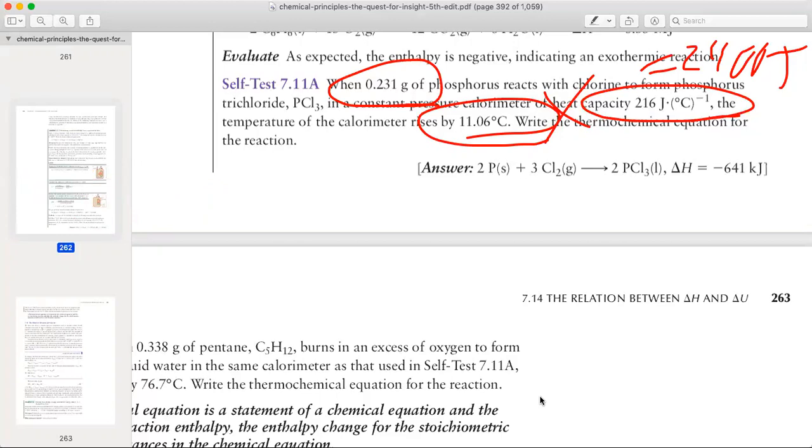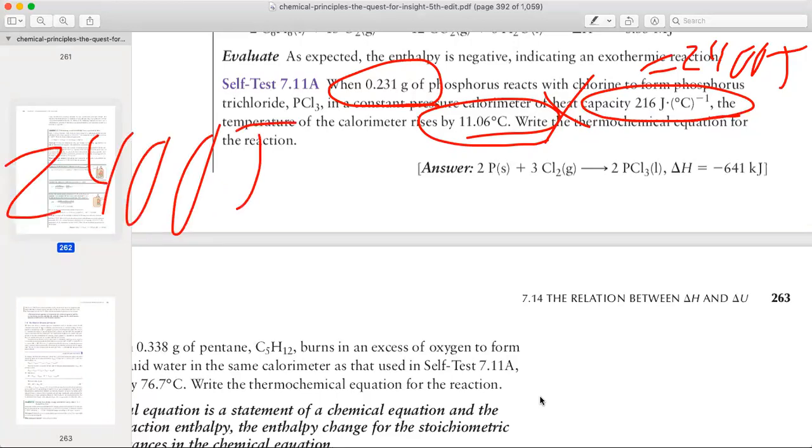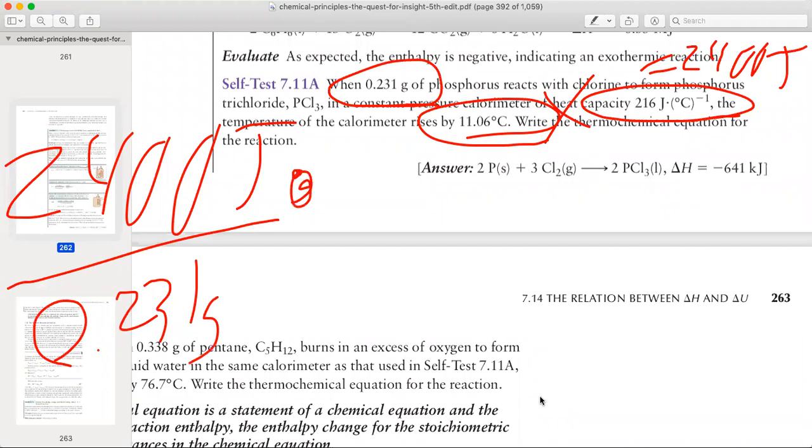You know how many joules you've got, but what you really want is per mole. So 2,400 joules per 0.231 grams, all that times 31 grams per mole.